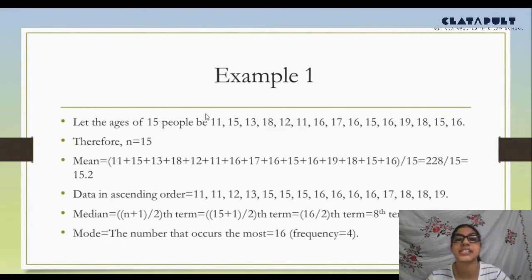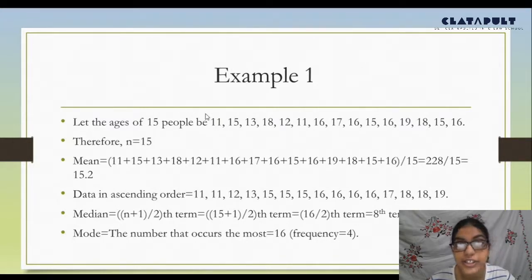So this is your data set. These are your data values. Therefore, n, which is the number of values in your data set, is 15. Mean in that case will be the sum of all of the values, which comes out to be 228, divided by the number of values, which is 15. So your mean essentially comes down to 15.2.